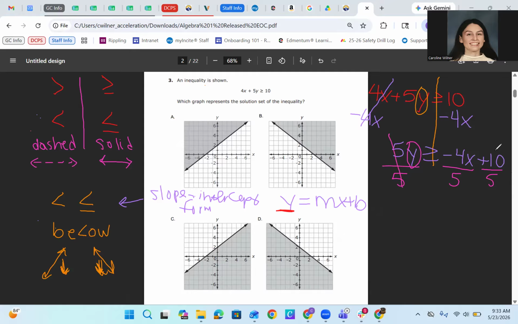Cancels on the original side, dropping down that y, dropping down the inequality sign, and now I see what I can simplify. Well, 4 cannot divide by 5. So I'm just going to leave that fraction as is with the x. 10 can divide by 5 using a calculator if needed. That would give us a 2. Now it is exactly in the format that we want it in.